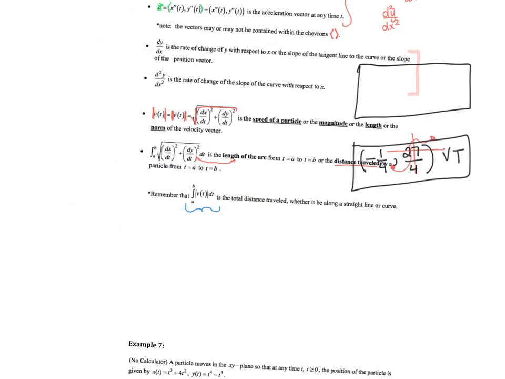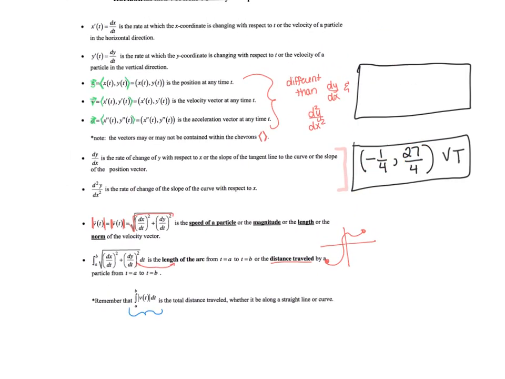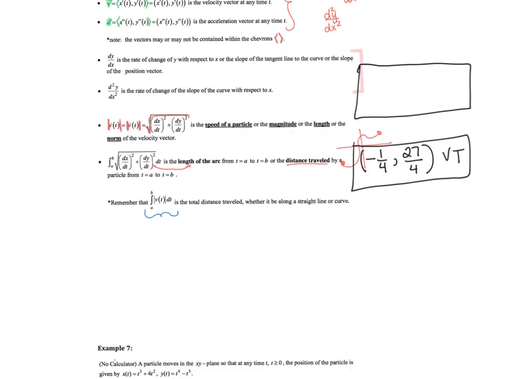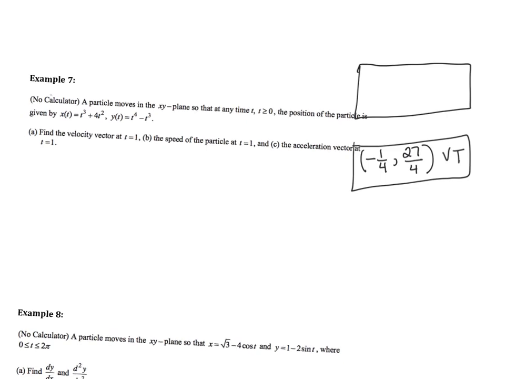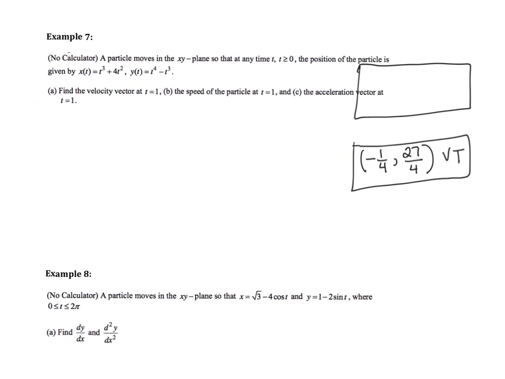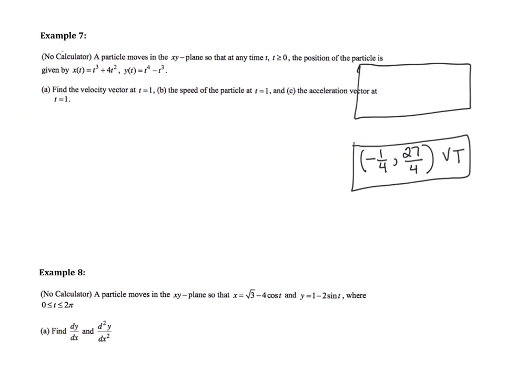So all of this is just for summary, for reference, because I know it's a lot of information. And we're going to do a couple more examples to solidify all of it and hopefully put all of our pieces together. So in example 7, it says a particle moves in the xy plane so that at any time t greater than or equal to 0, the position of the particle is given by these parametric functions. x of t is equal to t cubed plus 4t squared, and y of t equals t to the 4th minus t cubed.